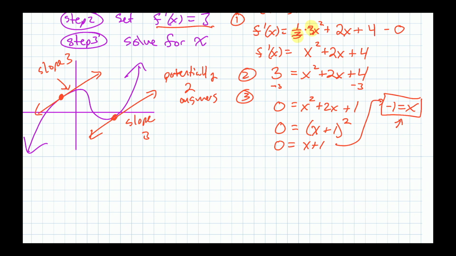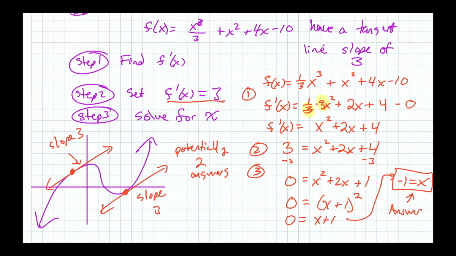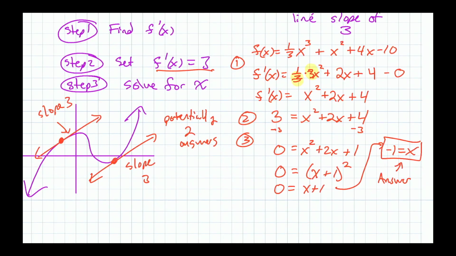Now, since this is the last one, let's look at it slightly more closely. There was only one answer here, which actually surprises me. But it is what it is. So let's take a look at it and see why this is the case.